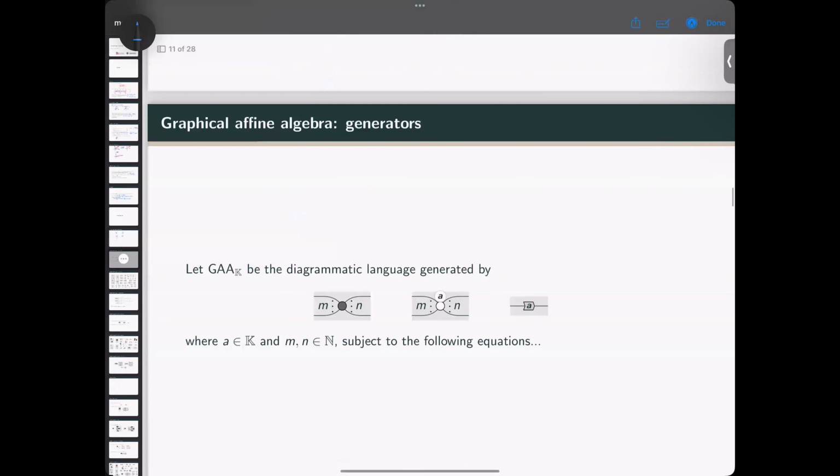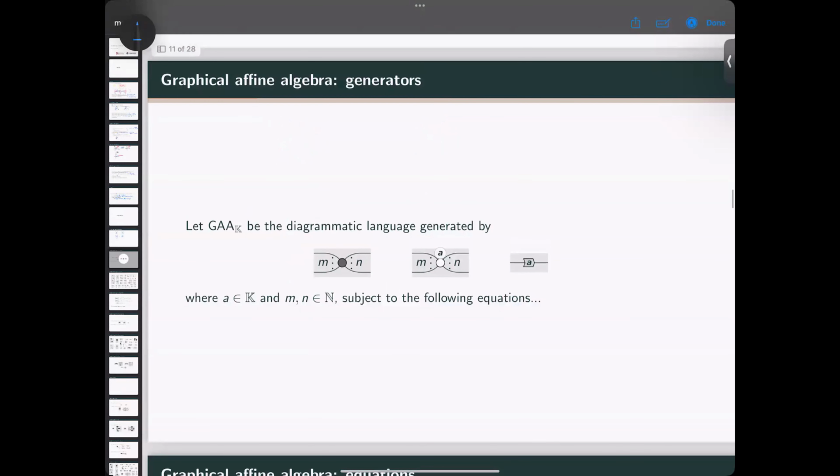Okay, so let's give our first diagrammatic language, which was defined in Graphical Affine Algebra, by Filippo Bonchi, Robin Piedeleu, Paweł Sobociński, and Fabio Zanasi.